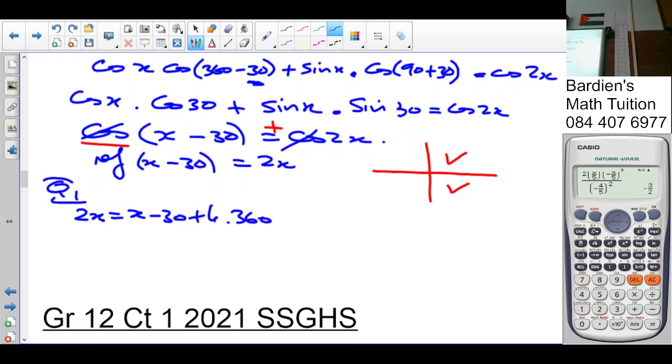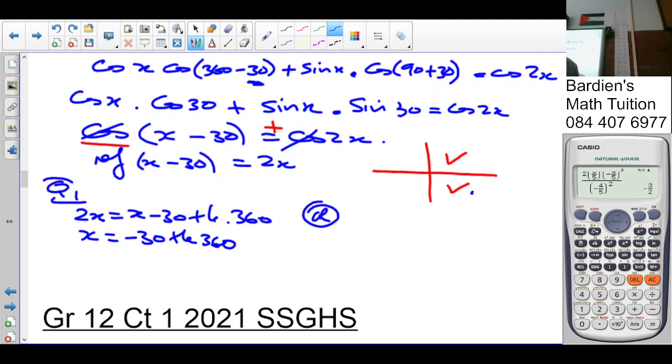Why 360? Because the cycle on the cos graph is 360 degrees. Okay? Solve for x, so x is equal to minus 30 plus k times 360. Or you can have it as 330 plus k times 360. The same thing. No?